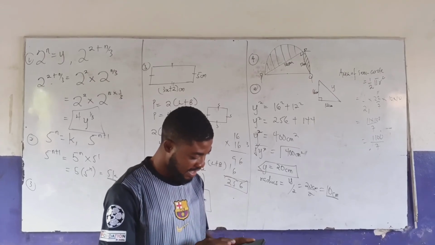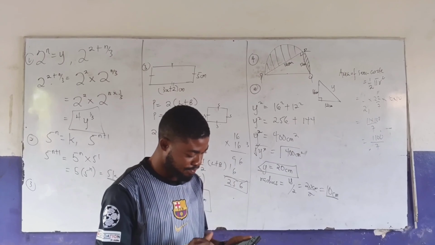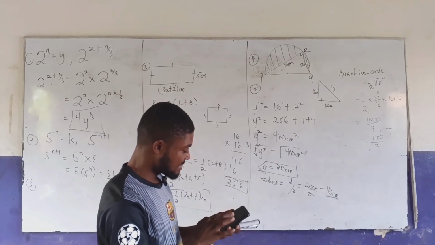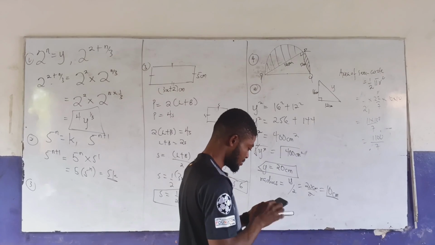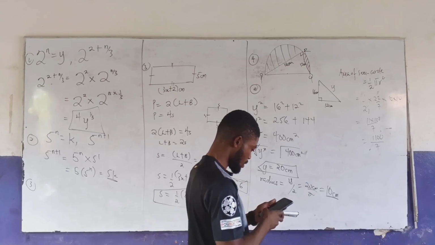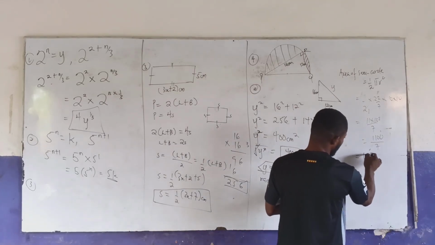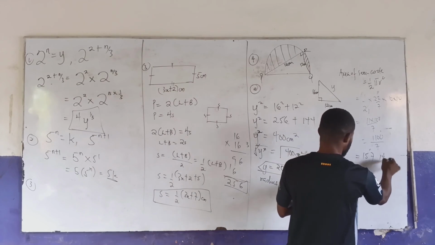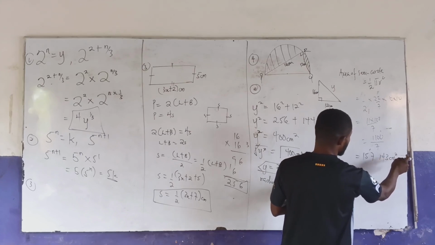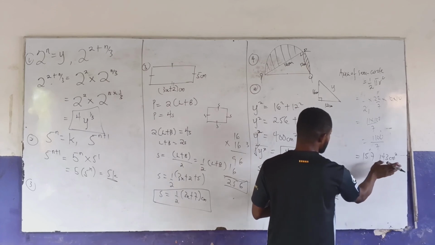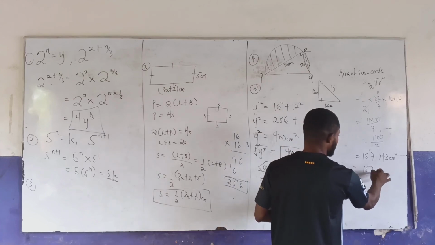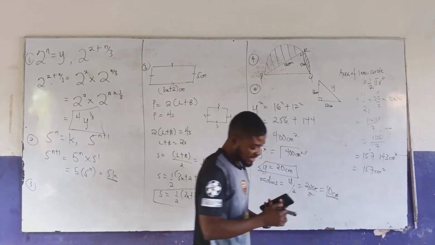So 11 times 100 is 1100, and then divided by 7 gives us 157.143 cm squared. That is it for the semicircle. With three significant figures, 157 cm squared.